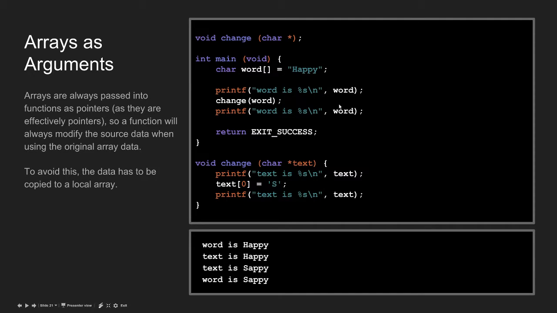So you can see that we print out the word happy, and then we call change. And because that's a pointer, when we change the first element of happy to an S, not only is it changed within change, but when we print it in the main function, that also gets printed as sappy. So that is something to be mindful of when using arrays with functions.